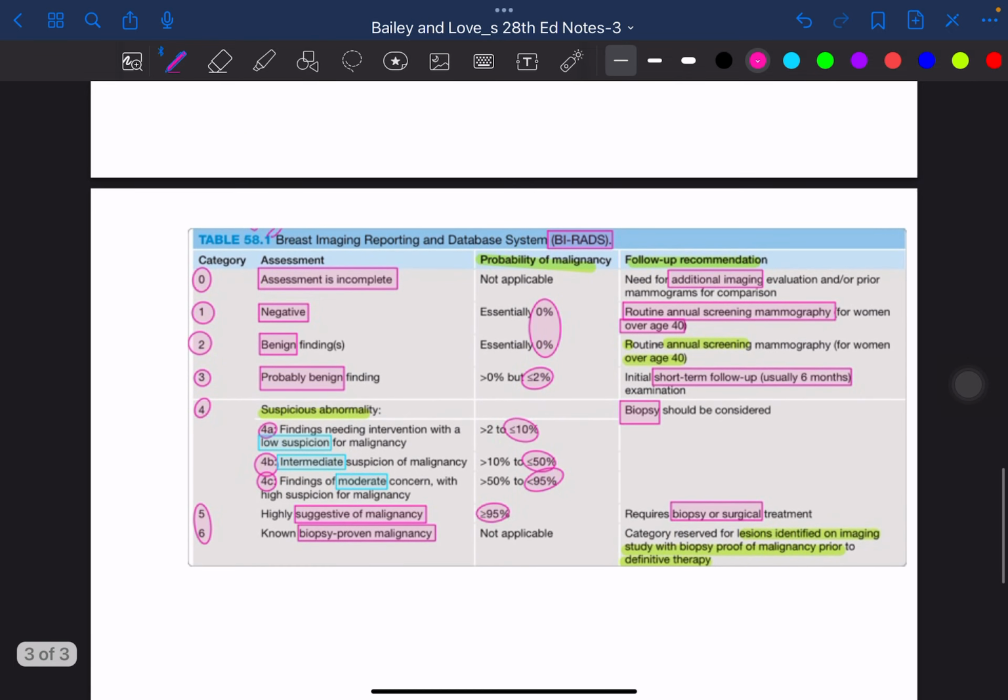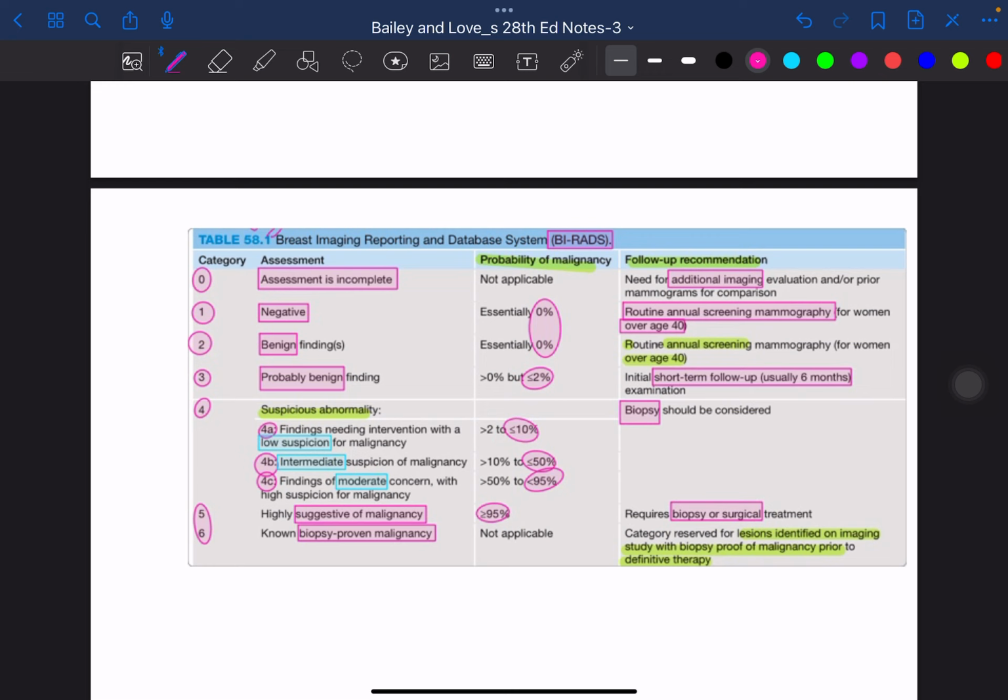Now we will see BI-RADS. The full form of BI-RADS is Breast Imaging Reporting and Data System. Okay. So we divide BI-RADS into 0 to 6. In 0, assessment is incomplete. So you have to go for additional imaging or you can refer to an old mammogram just for comparison. Okay.